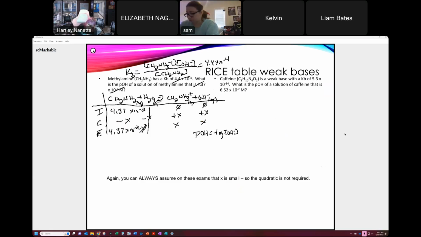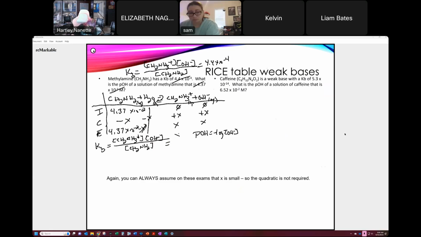We then take our KB, which is again equal to the CH2NH3 plus times the OH minus over that CH2NH2. And then start plugging things in for that.